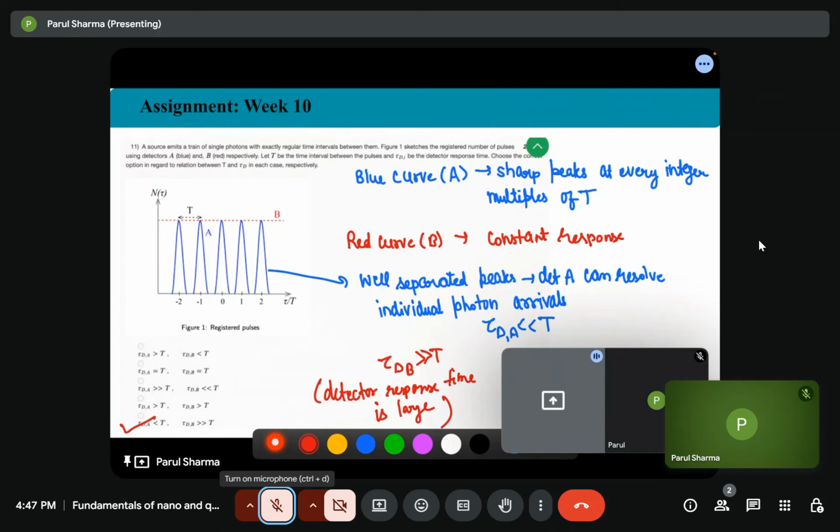So if the detector response time is smaller than the pulse separation, we can well resolve the pulses, the peaks, and so detector A can resolve the individual peaks. That's why the response time is lesser than the photon interval. And in case of B, the detector response time is large.